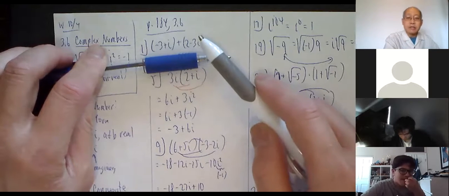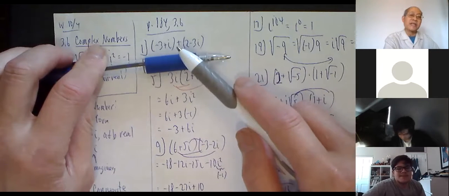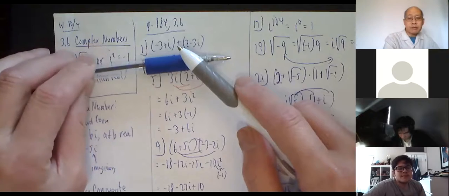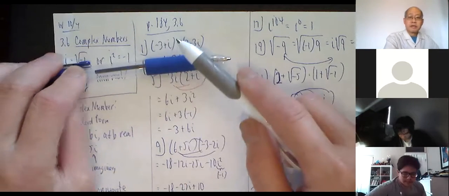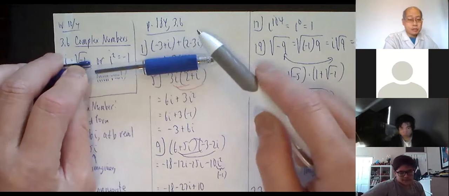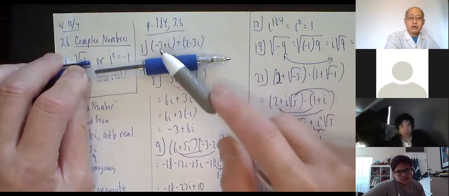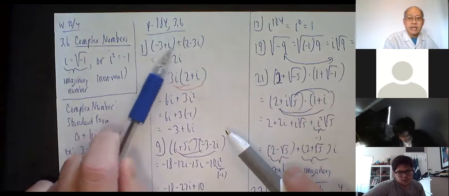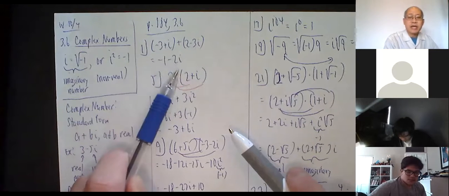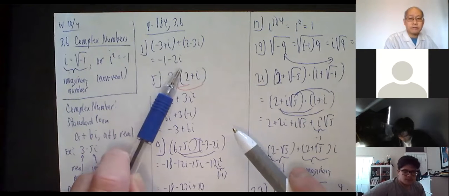And that's a good reason why they use i as a letter, even though i is not really a variable anymore. It's a constant. It's the square root of -1. But as far as adding or subtracting is concerned, just do like you did before. So -3 plus 2 is -1, and then i plus -3i is -2i. And that's all you have to do.